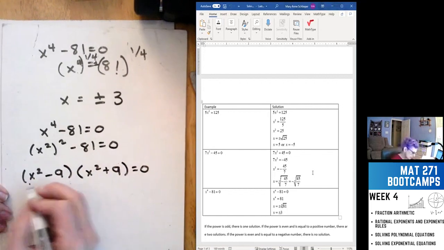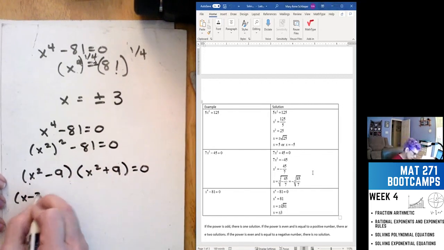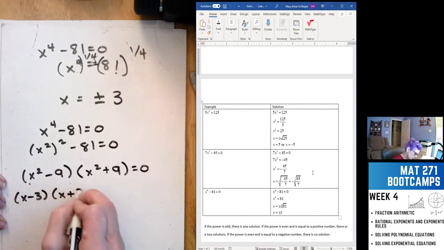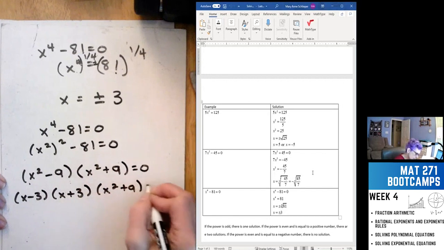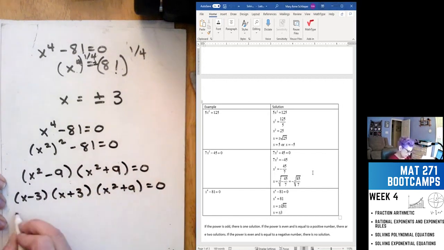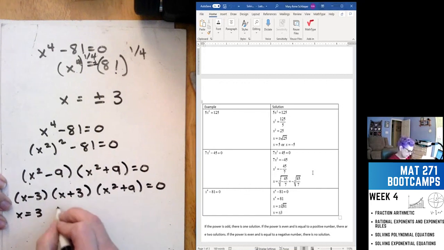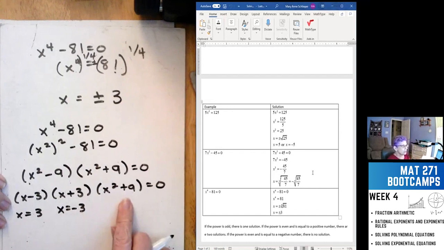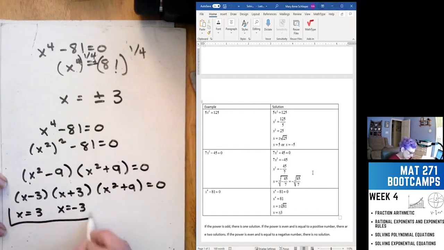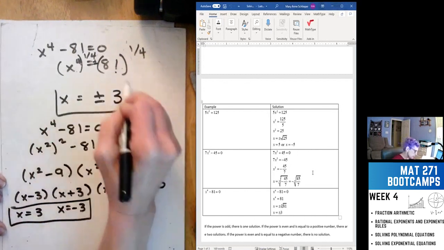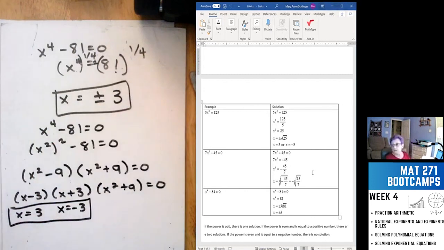And this is a difference of two squares, x minus 3 times x plus 3 times x squared plus 9. So x is equal to 3, x equals negative 3, and this one has no real solutions. So we still end up with just those two answers.